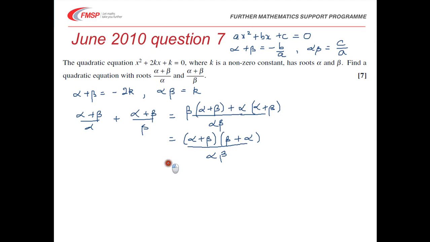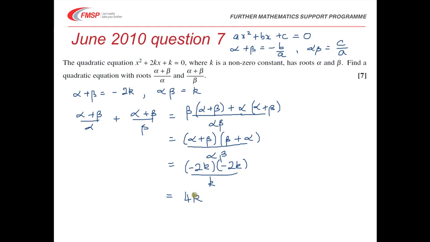And of course, beta plus alpha is just the same as alpha plus beta, so we can replace that by minus 2k, and then the product of the roots is k, so that means that the sum of the roots is equal to 4k.